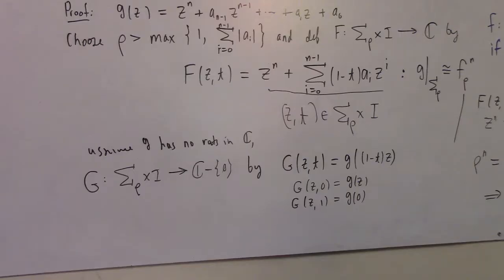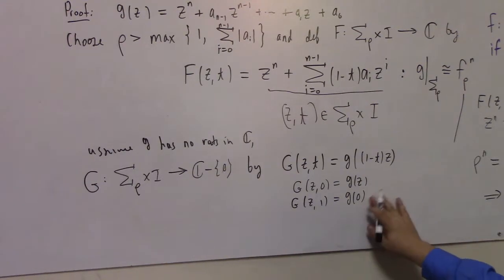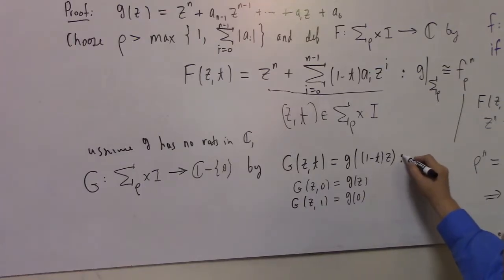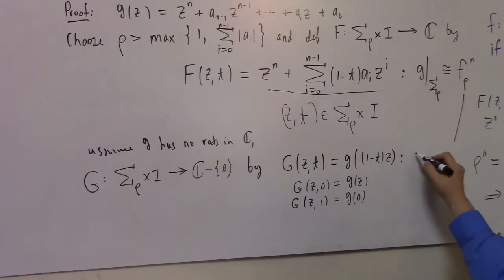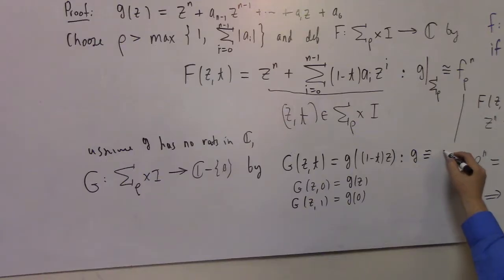Right? So of course that's equal, and it's the composition of continuous functions, so it's continuous. So this provides a homotopy between G, homotopic to the constant at G of 0, right?